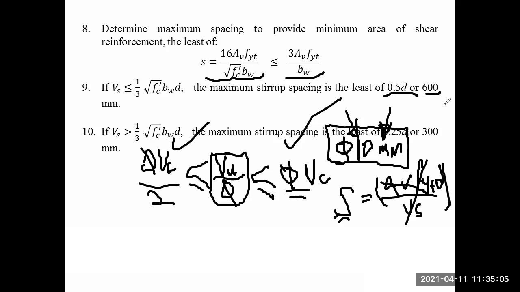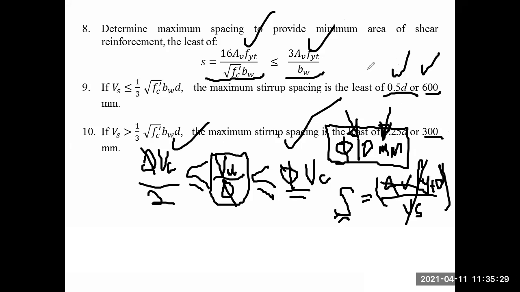Why do we need these and not those? Because of the minimum. If we chose those two, which are 300 or 0.25 of d, that is less spacing, and we don't need that. The minimum would be either of these, so the spacing would be one of these.